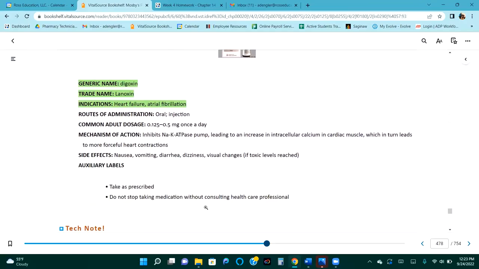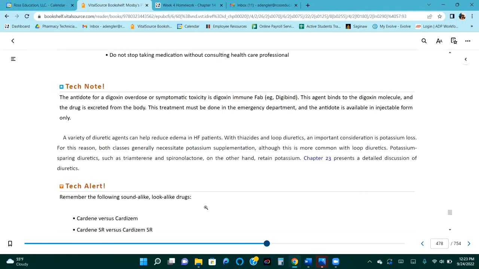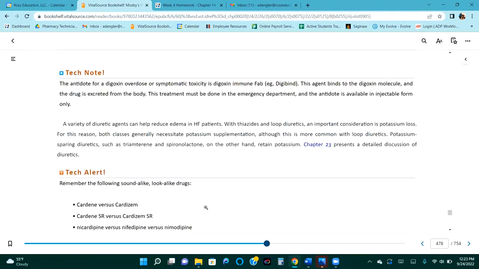Digoxin is a very popular medication used in both outpatient and inpatient pharmacy. It's indicated for heart failure or atrial fibrillation. It's popular because it can be given orally or administered by injection into a patient. The antidote for a digoxin overdose or symptomatic toxicity is digoxin immune fab, Digibind.